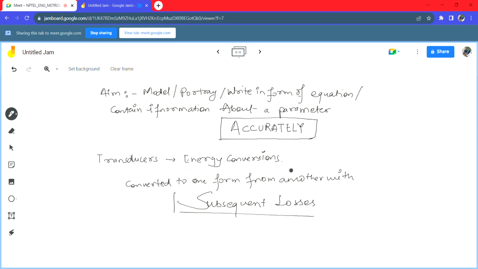Now, what does this mean? This is a very important parameter here. Whenever we are talking about designing transducers, it is very essential for us that we do not rely on secondary transformations.